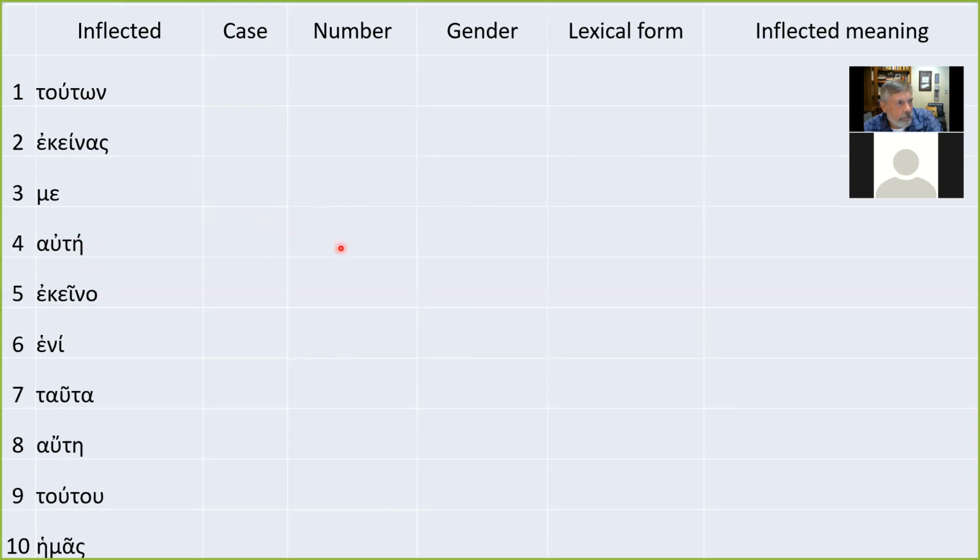What number would it be? Singular or plural? Singular. Okay, would it be first, second, or third person pronoun? It would be a first person. Well, let's look at it again. The first is going to be ego, emou, emoi, me, right?